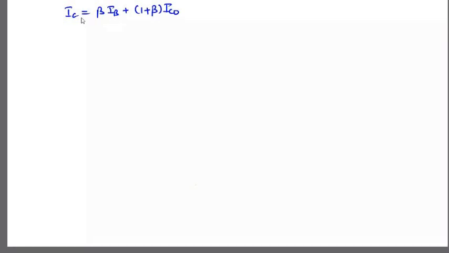If I differentiate this with respect to IC, del IC over del IC goes to beta del IB over del IC plus (1 plus beta) del ICO over del IC.